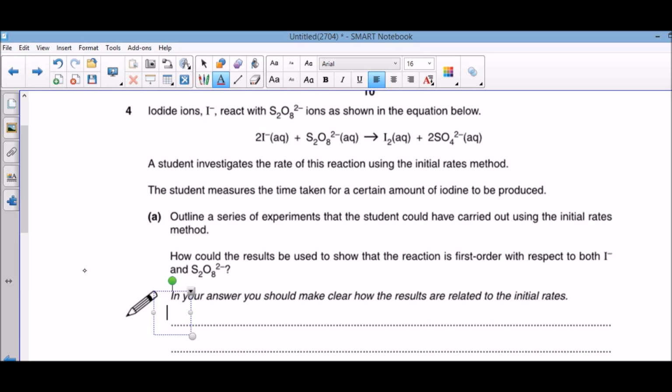Now you'll have done this experiment in class. It's the thiosulfate cross experiment, and you need to explain what you did. So we're going to change the concentration of I minus whilst keeping the other the same.